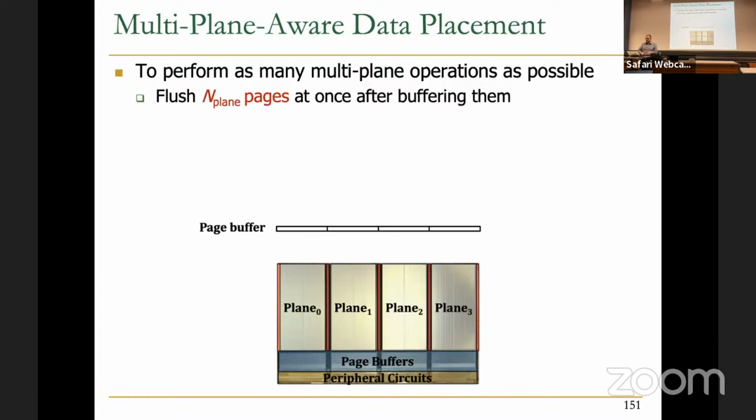In order to perform as many multi-plane operations as possible, we need to flush a number-of-planes worth of pages at once after buffering them. So we use this page buffer, and we need to wait for more writes. And now that it's full, we can flush it to the NAND flash memory. And that's how we can benefit from multi-plane operations, and so on and so forth.